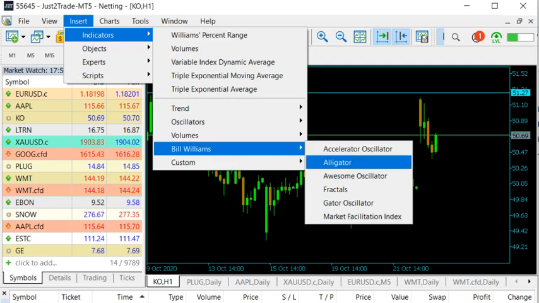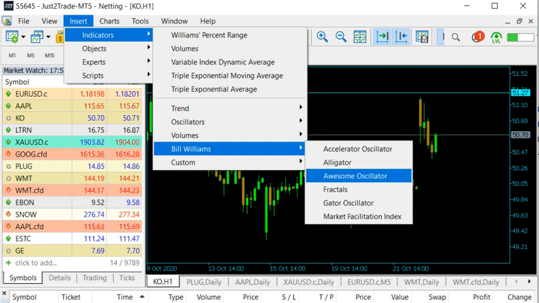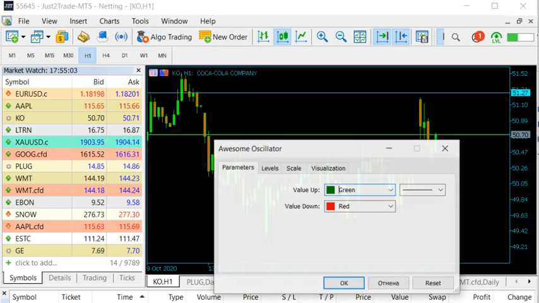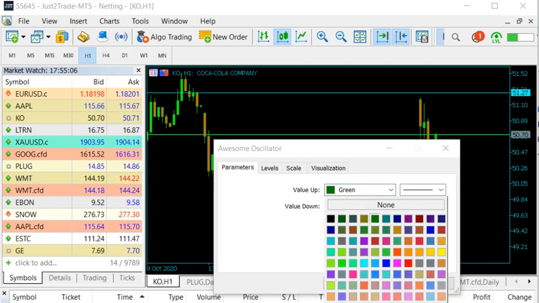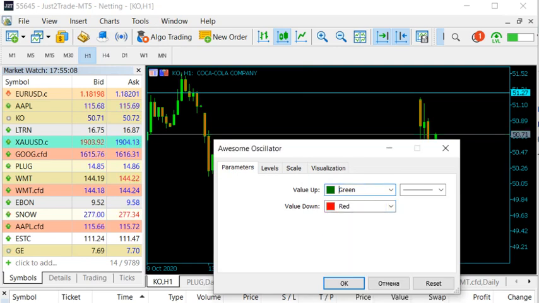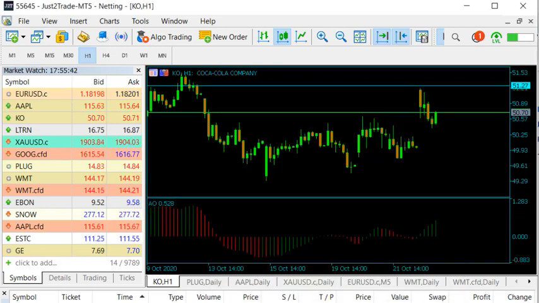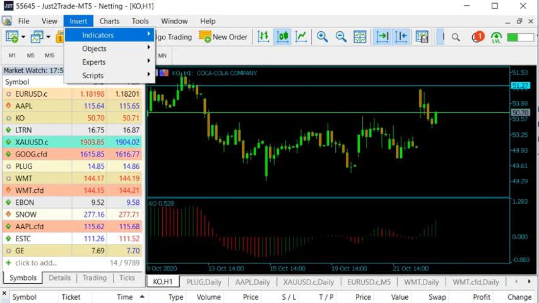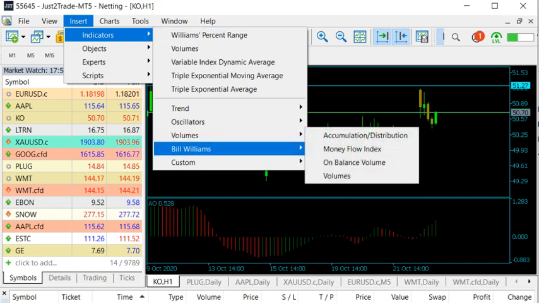As we can see, we can add Awesome Oscillator, Alligator, Fractals, Gator Oscillator. So let's add Awesome Oscillator. We choose the color of the bars. I prefer to have basic colors, and as we can see, it has appeared. So once again, Insert, then Indicators, and Bill Williams.